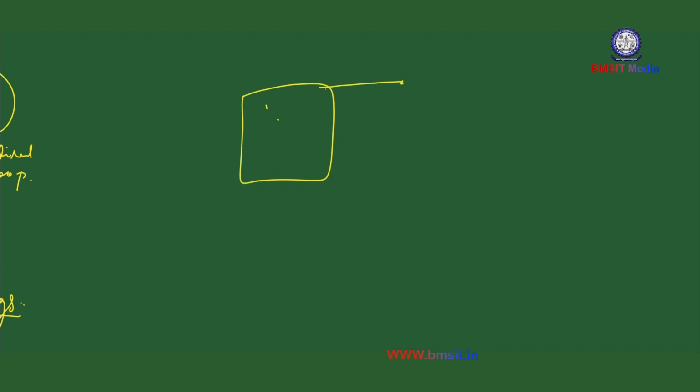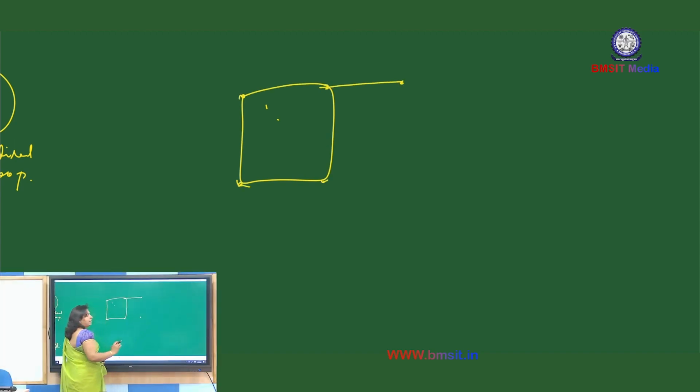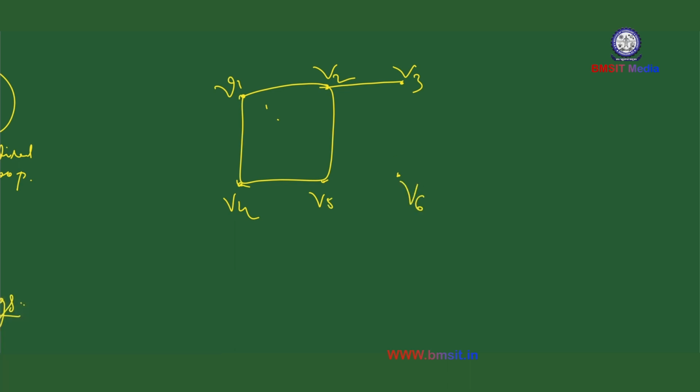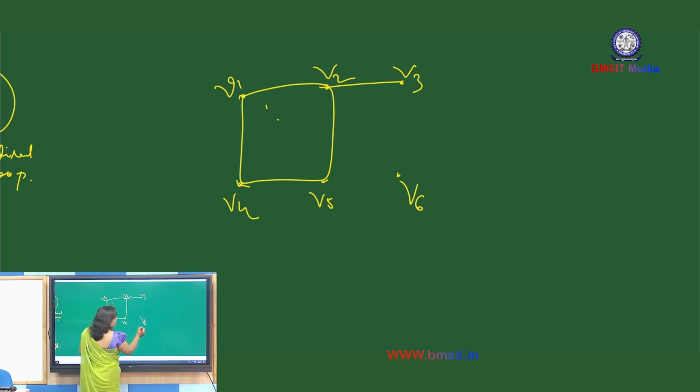Now we'll see a graph which is not connected to any of the edges. For example, if I consider V1, V2, V3, V4, V5, and we have one more vertex called V6. Now, if you notice this graph, you can see that the vertex V6 is not connected to any of the edges or any of the vertices here.